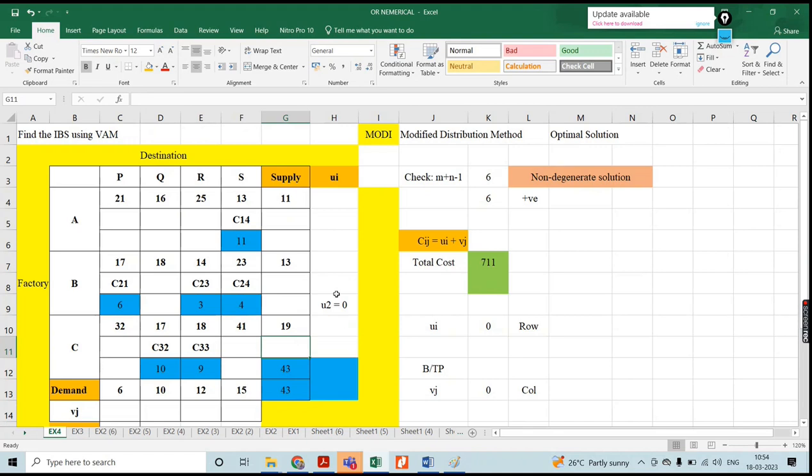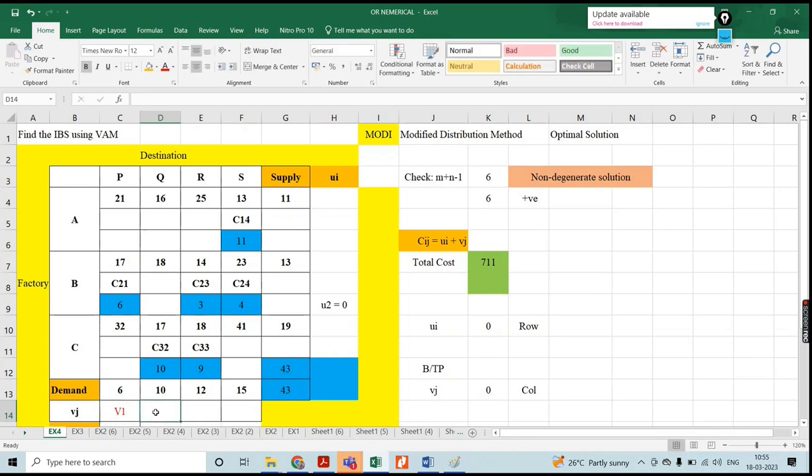Now U2 is 0. Then I have to make the evaluation corresponding to that value. By knowing this value, I can make the evaluation of V1.